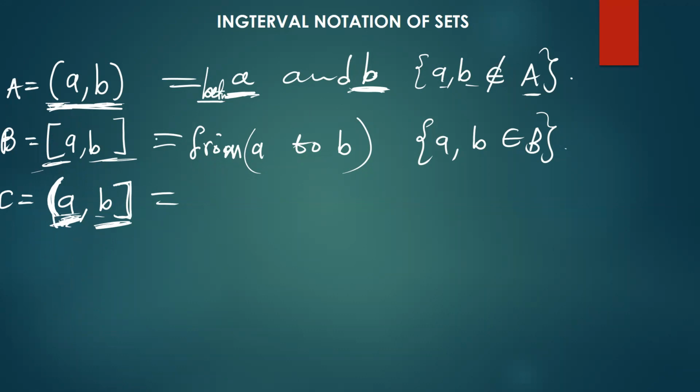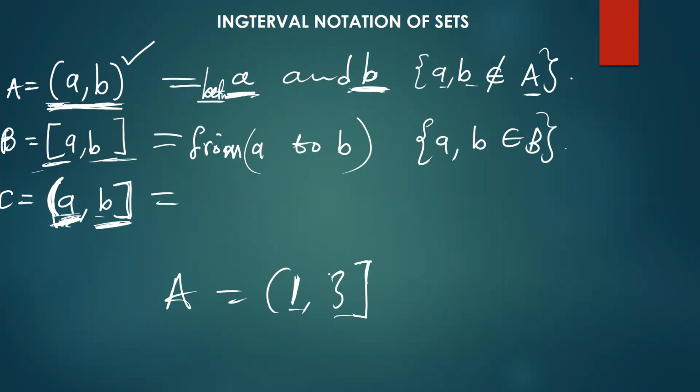And what you should know is that all interval sets are infinite sets. You can't manage to count, if for instance we have a set A as 1, 3, the numbers that are between 1 and 3.